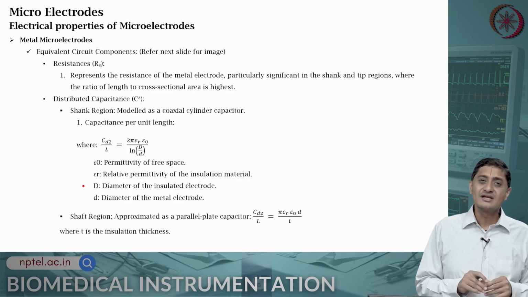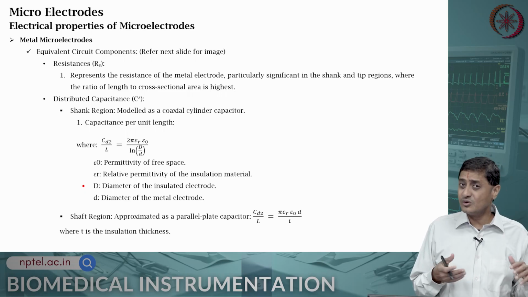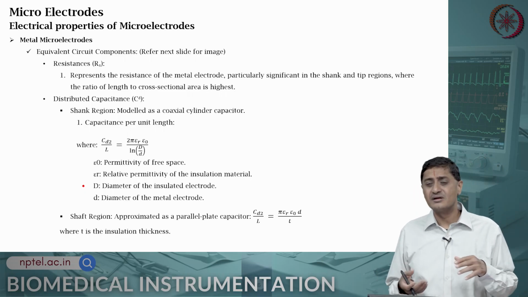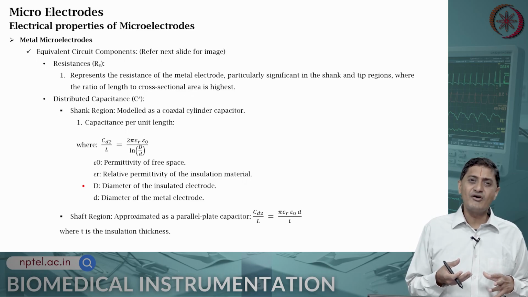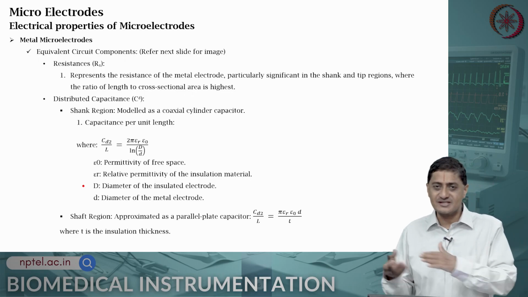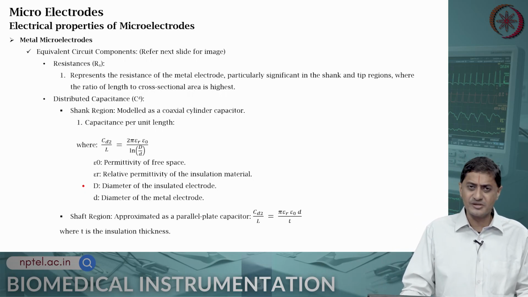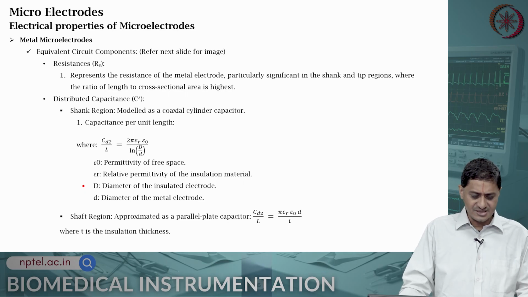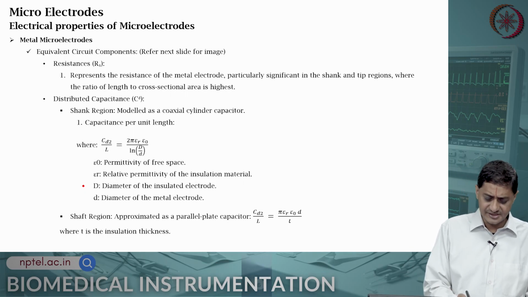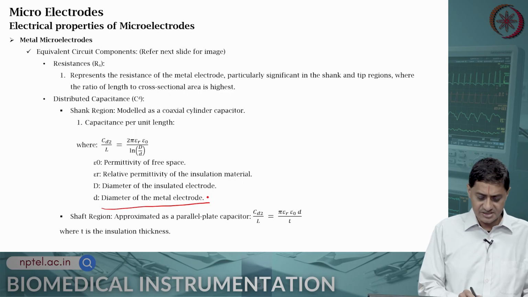Then capacitance is essentially distributed. Why is this capacitance distributed? Because you are going to have either glass or some insulation. So, you are going to have a form of distributed capacitance present per unit length, in this case millimeter, it does not matter, whatever unit of length. This distributed capacitance can be modeled as follows, where the diameter of the insulated electrode and the diameter of the metal electrode itself play a role.